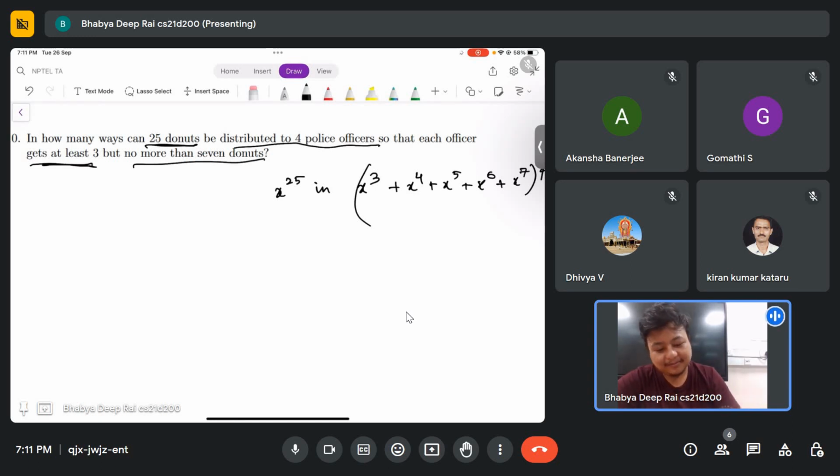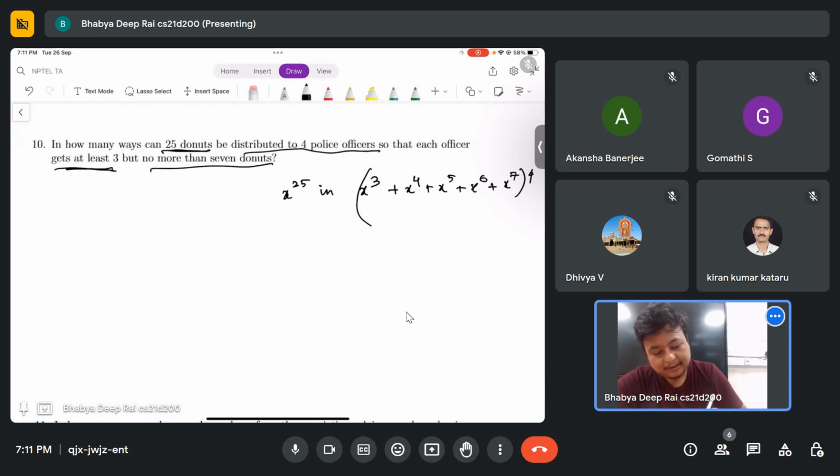Again, the logic is similar. They are saying each police officer gets at least 3 but not more than 7. So the number of donuts received by each police officer ranges from 3 to 7. It cannot be that the first person gets 0 or 1.